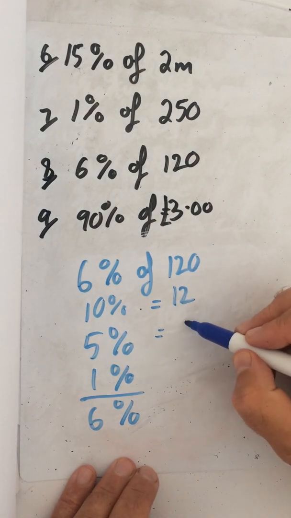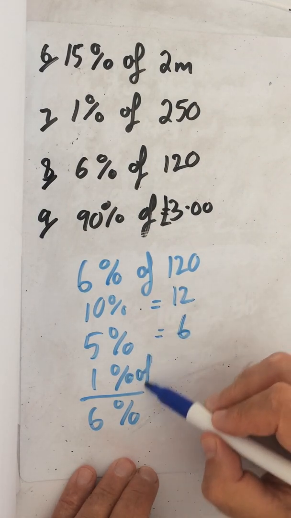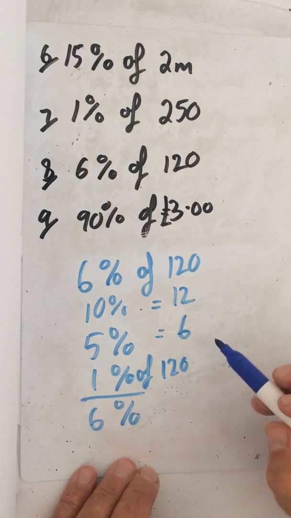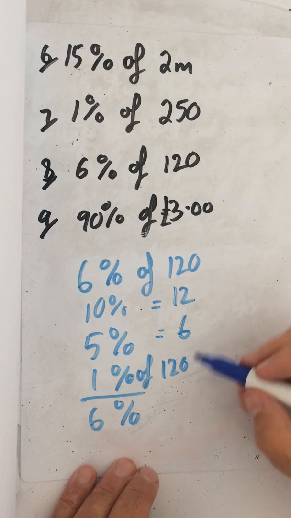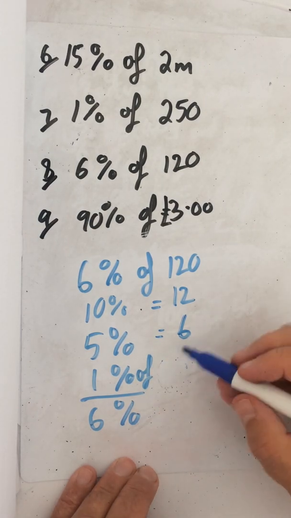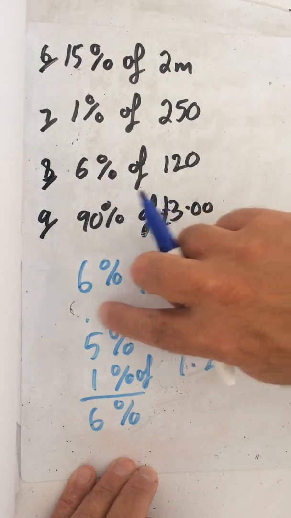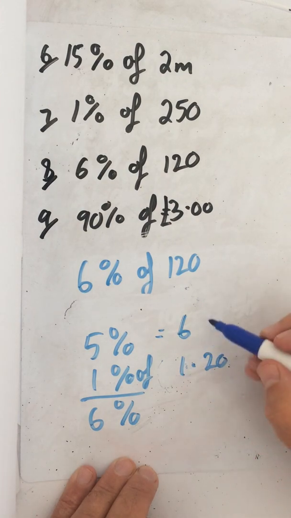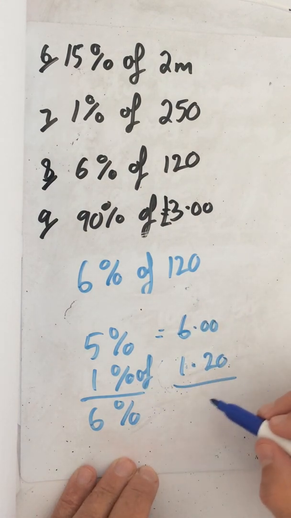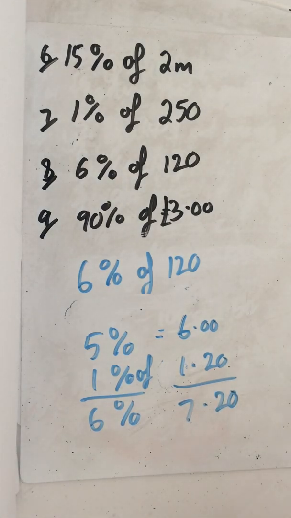So 5% will be 6, and for 1% of 120, I have to divide 120 by 100. So I'm going to put a decimal point in there. It becomes 1.2. Now remember, the 5% is 6.00 if I want to write it that way. The 1% is 1.20. Add them up and I get 7.20. A bit tricky, that one.